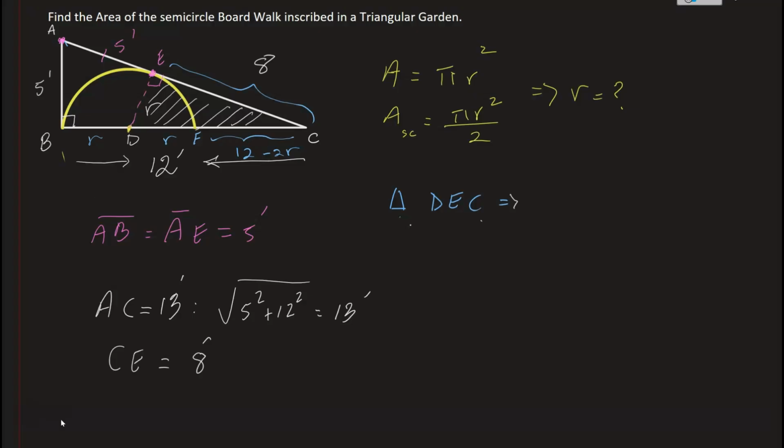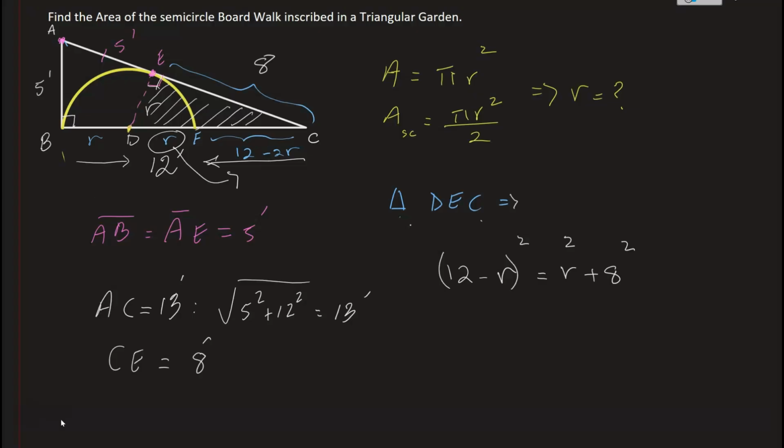That's the longest side, opposite the right angle at vertex E. So we have 12 minus 2r, but there is another r here, so you have to add that back. That would be 12 minus 2r plus r. So that would be (12 minus r) squared equals r squared plus 8 squared.